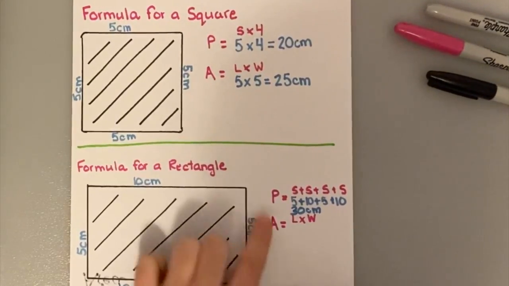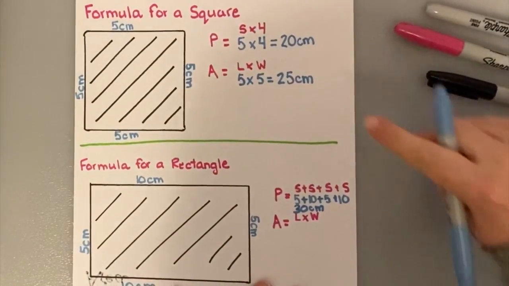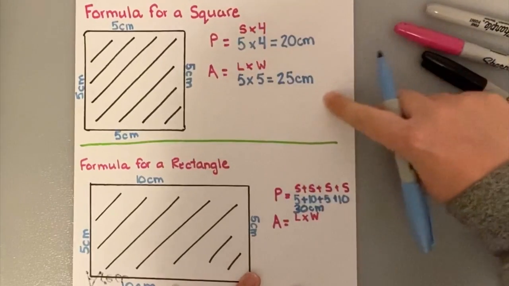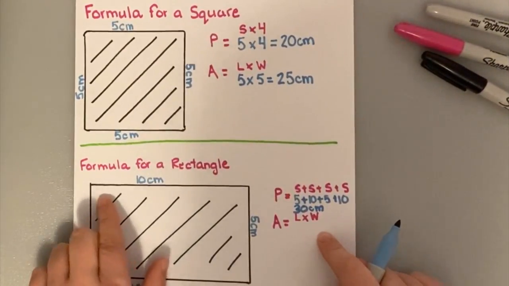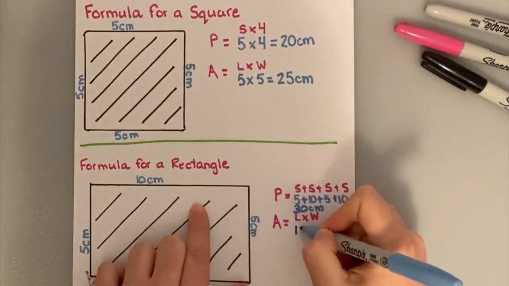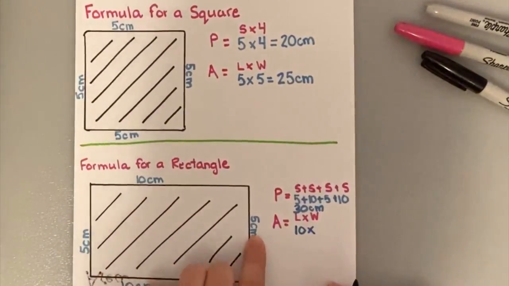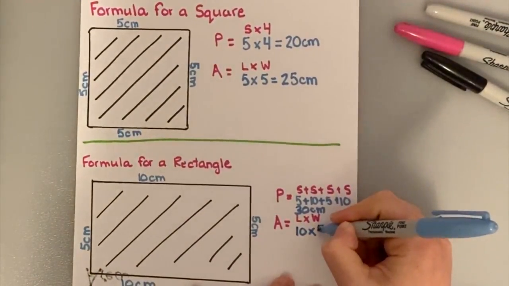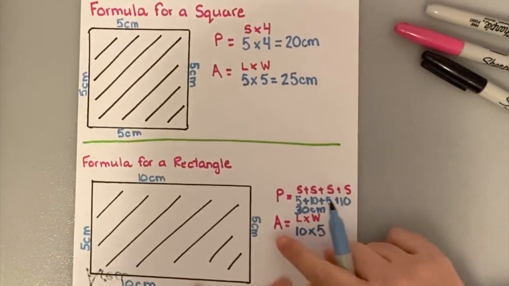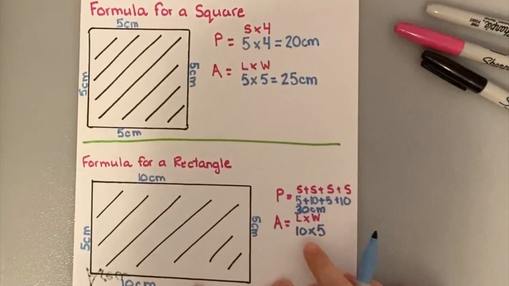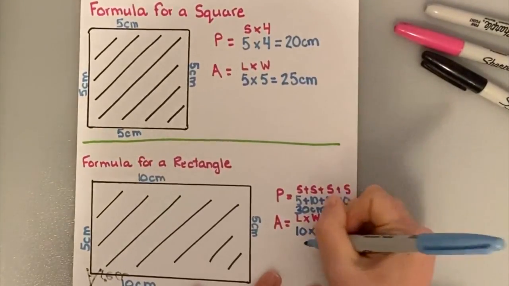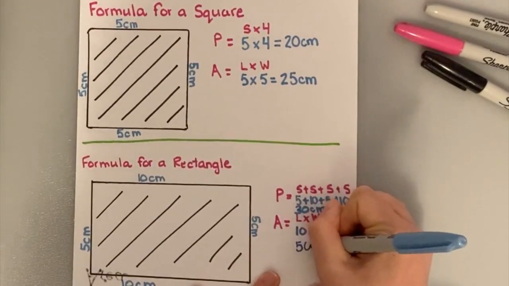Now I'm going to do my area for this rectangle, which is the exact same formula as you can see up here for my square. So length times width. My length is 10 centimeters times my width, which is 5 centimeters. So A equals length times width. A equals 10 times 5, and 10 times 5 is 50.